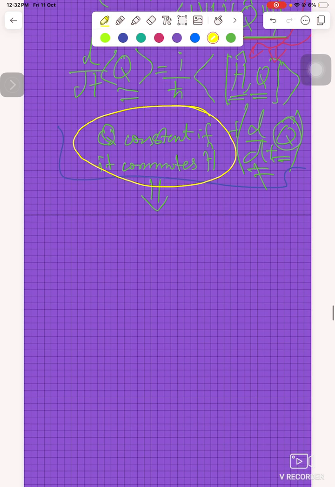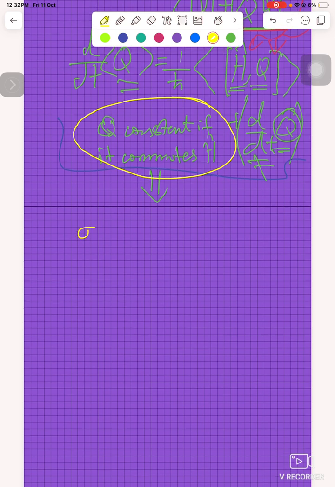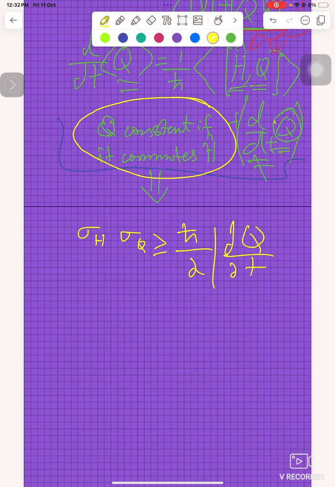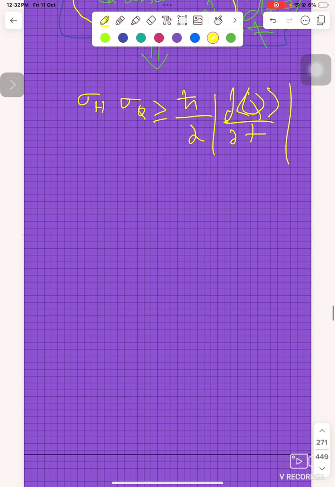So in simple terms, we can write it as H. This is a symbol of this, Q is greater than ħ over 2, and this is d of Q over dt. It's saved this, and then let's define energy, which is this.